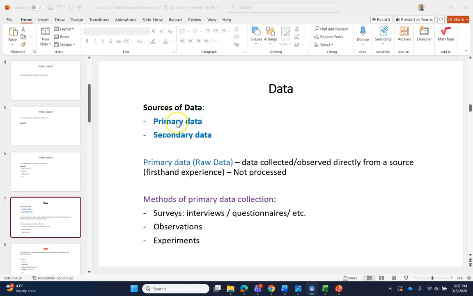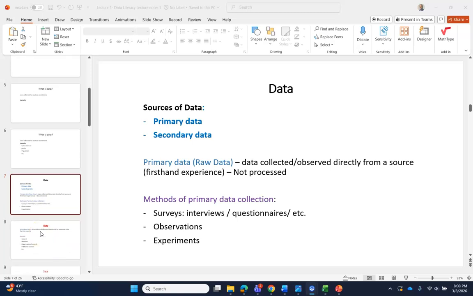We saw that we have two types of data: primary data and secondary data. Primary data is the data which is collected or observed directly from the source, and normally it is not processed. We can obtain primary data through surveys, observations, and experiments.